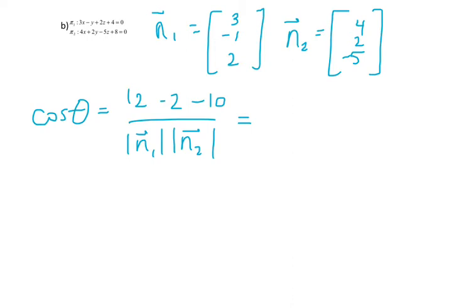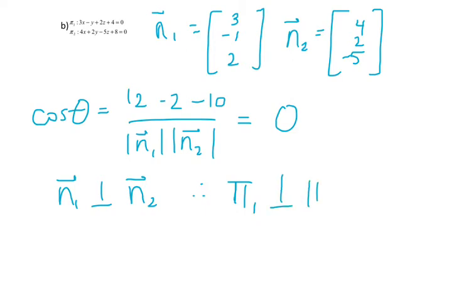Well, if I get 0, that means that my normal vectors must be perpendicular to each other, which then means that my planes must be perpendicular to each other. So the angle between them is, of course, 90 degrees.